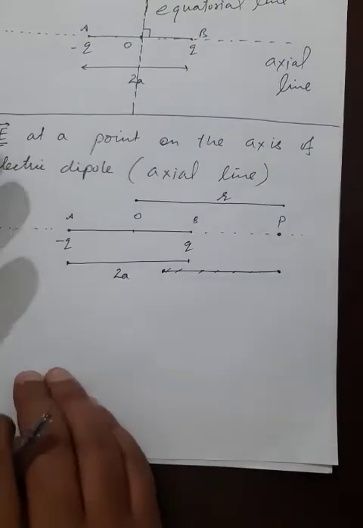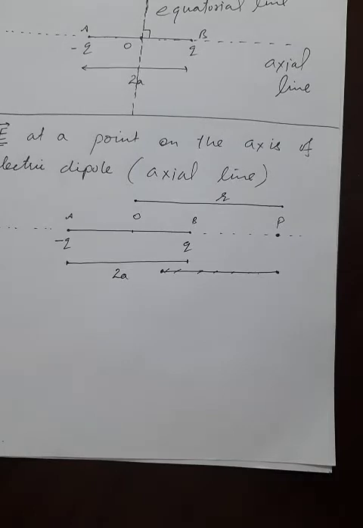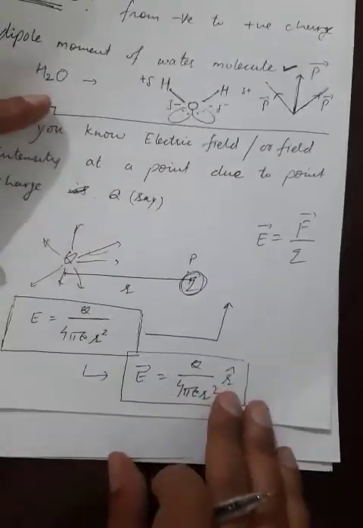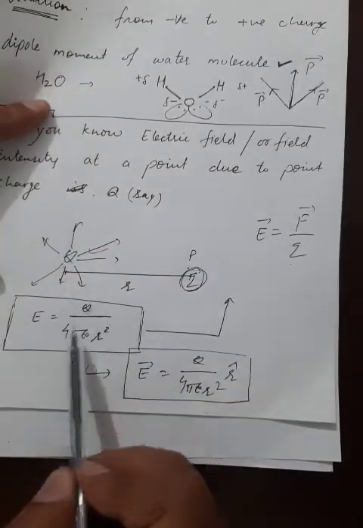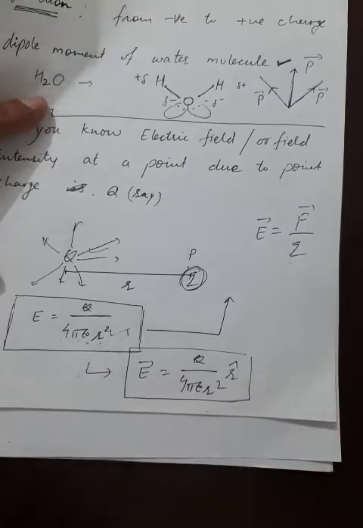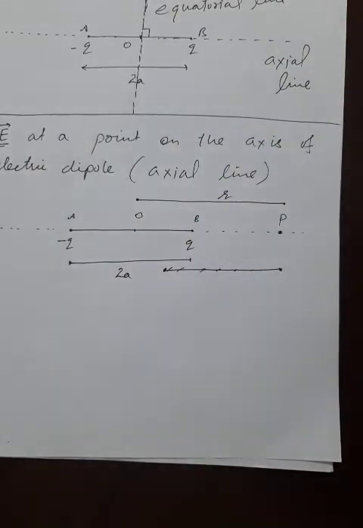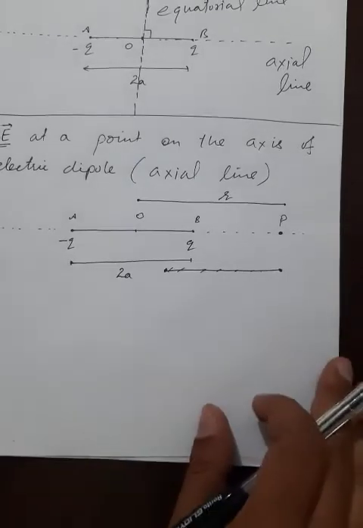And using the previous result, that is the electric field intensity at a point due to a point charge, which is E equal to q over 4 pi epsilon naught r square, we will find the electric field intensity at a point P due to this electric dipole.